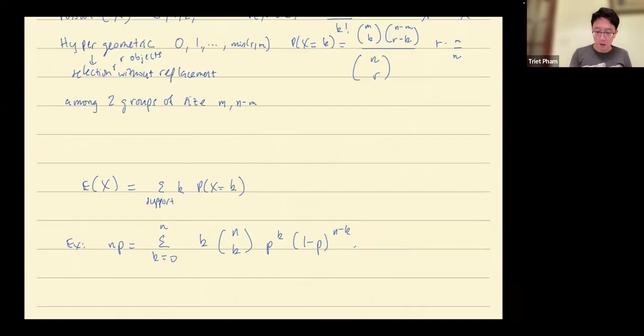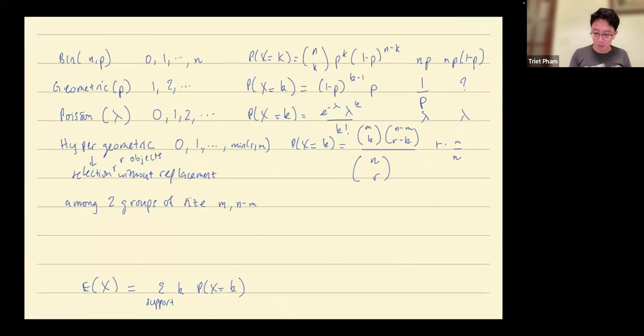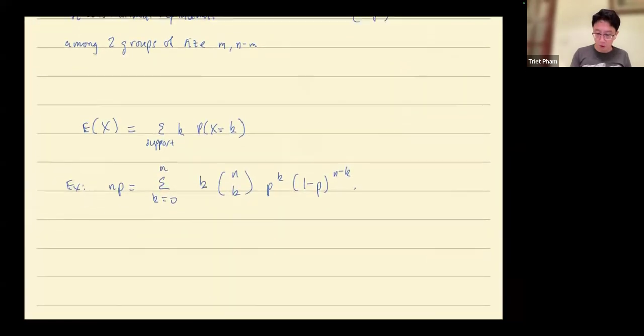Another example, of course, is the geometric. With the geometric, it says that 1 over P is the sum from K equals 1 to infinity of K times (1 minus P) to the K minus 1, times P. Again, another non-trivial identity, I think.